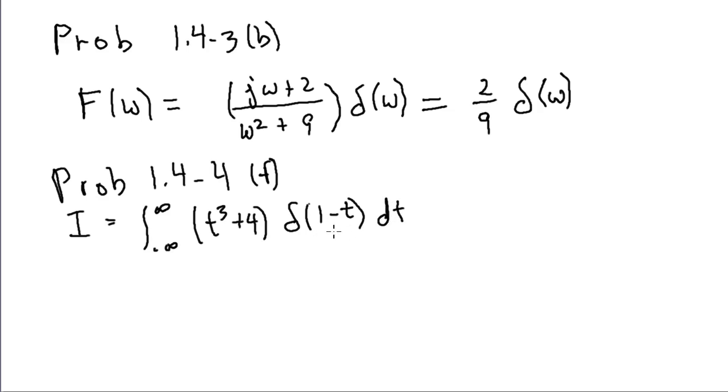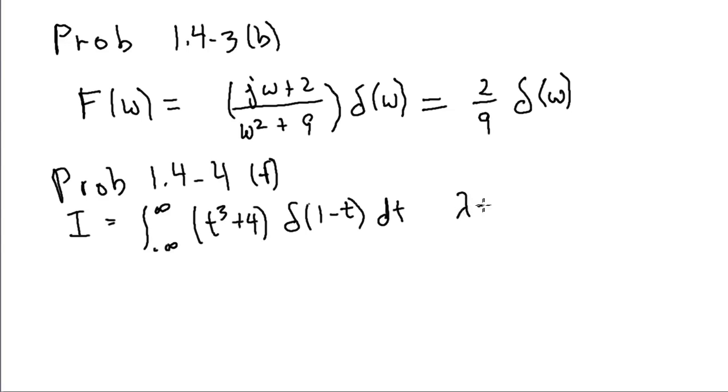If this were t minus 1 instead of 1 minus t, it's straightforward. The impulse is located at t equal to 1, and we could just plug in t equal to 1 and evaluate, and we're done. But the safe approach, especially if t is scaled, multiplied by a number, is to use a variable substitution.